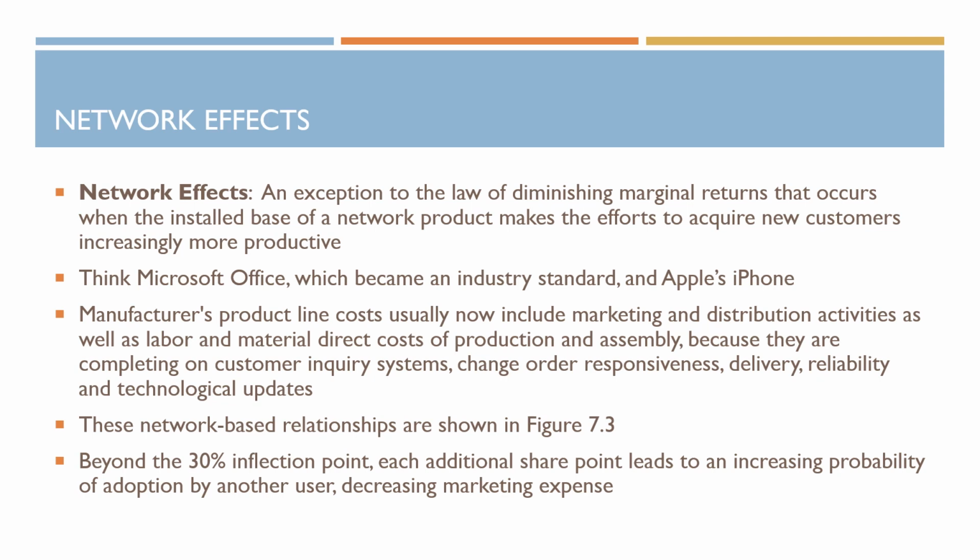Because now the product is actually getting better, but no producer is paying more in costs to add that value to it. This not only applies to technology products like the iPhone or Microsoft Office, but it is also associated with physical products like cars. You can think about network effects with cars as dealerships, right?